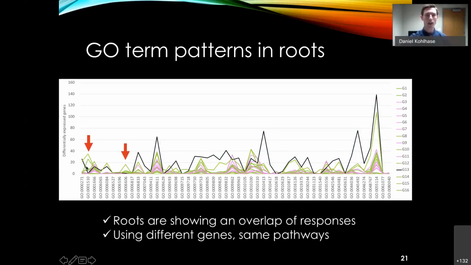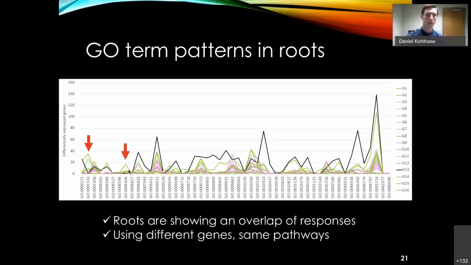But 2 things that I want to highlight from this particular figure are this black line, which shows that it's responding, or we would anticipate this to be an iron efficient line, but this is actually genotype 13, which is classified as iron inefficient. And then the other thing we noticed about this figure is that even though we see a lot more overlap, like in this peak, we can still see peaks of iron efficient lines. So peaks that are unique to iron efficient genotypes.